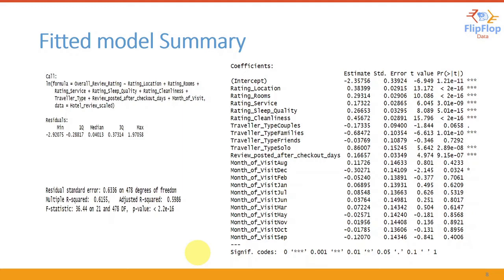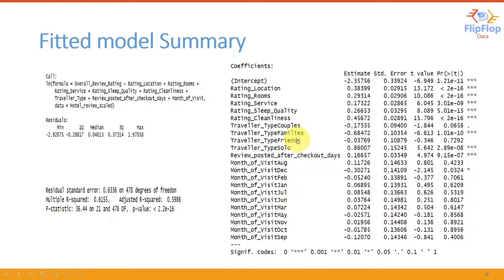So now coming to our independent variables. First, let us see, do variables like rating location, rating rooms, service, sleep quality, and cleanliness affect our regression results?